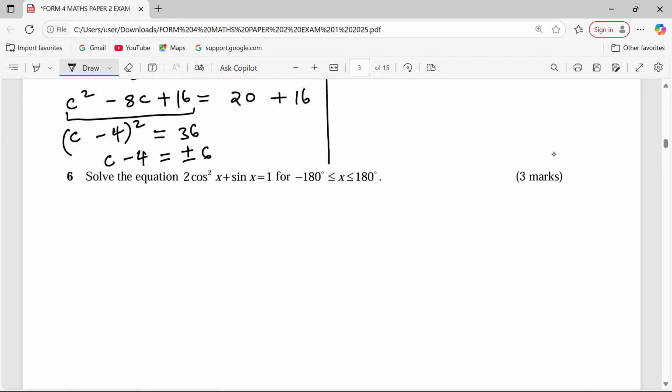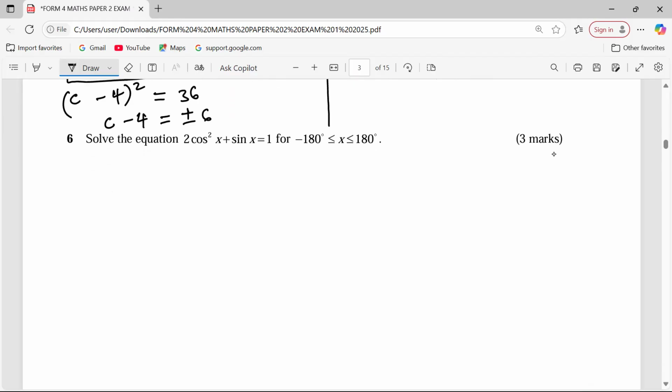Moving from quadratic equations to trigonometric equations now. We're going to apply some trigonometric identities. We know that the cosine squared of an angle plus the sine squared of the same angle gives 1. And if this is so, then the cosine squared of an angle can be given as 1 minus sine squared of the angle.